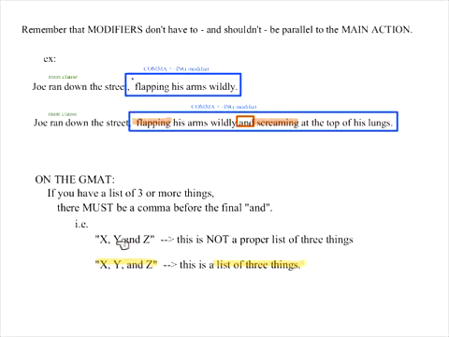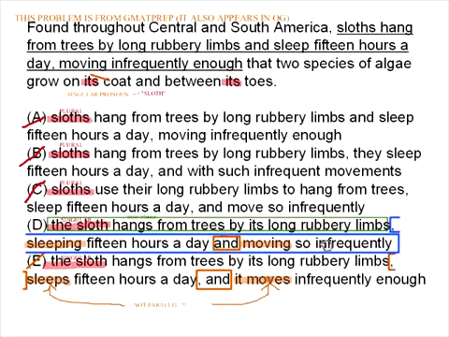Some rogue outposts of American English do this. But in GMAT land, this is the only acceptable way to write a list of 3 items. Any questions? So again, that's another way that you could tell, looking at this problem, that you were not actually dealing with a list of 3, that it's just main action, modifier.